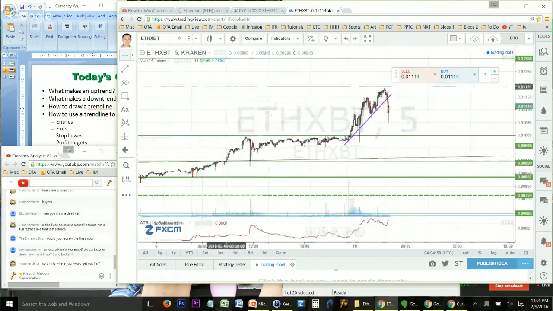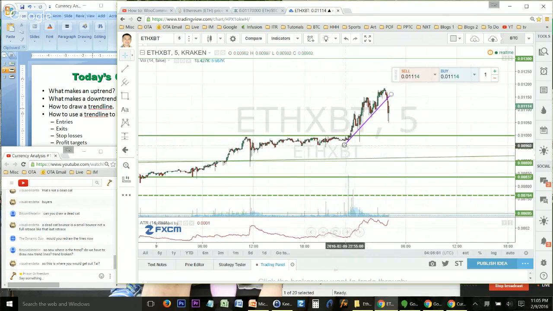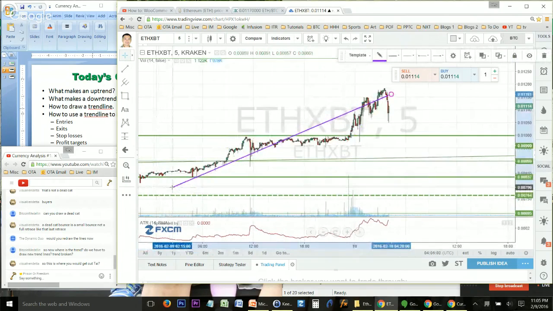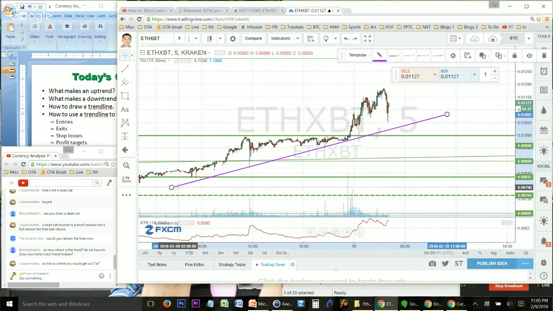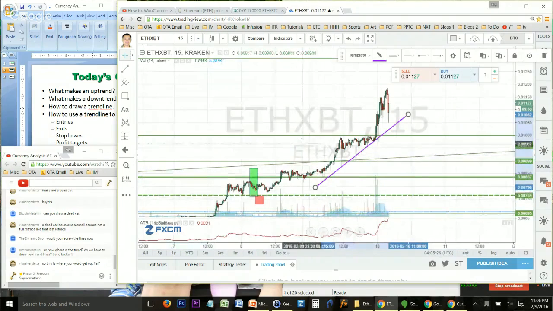that's 5 minutes, like this. A 5-minute trend line is going to be a lot stronger and has more validity, and the chances that that trend line is going to hold is going to be higher, simply because on a 5-minute, there's more volume traded. If you go to the 15 minutes, there's even more volume being traded.